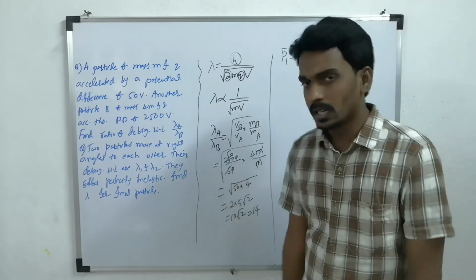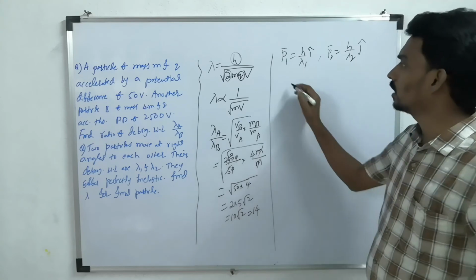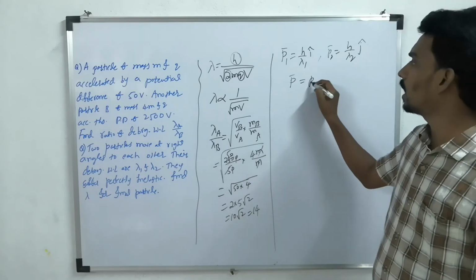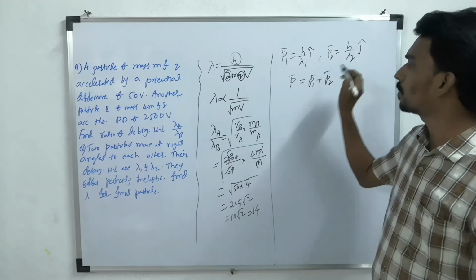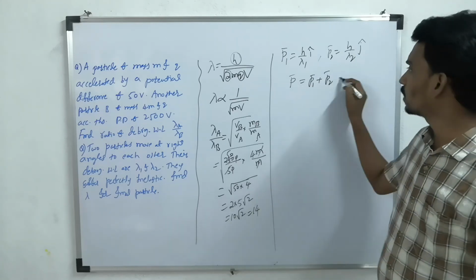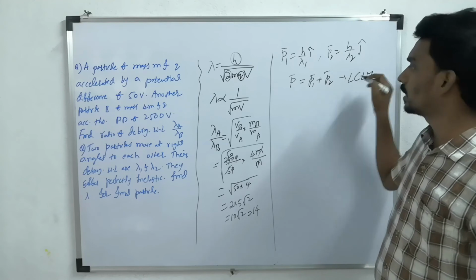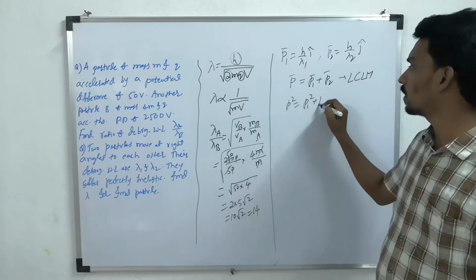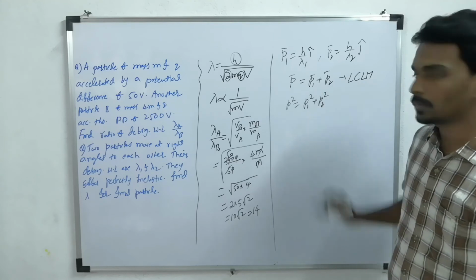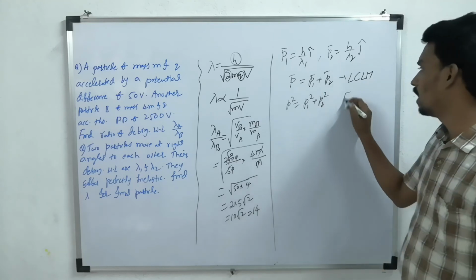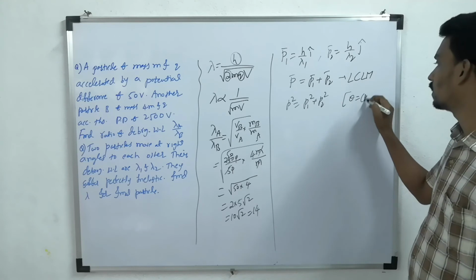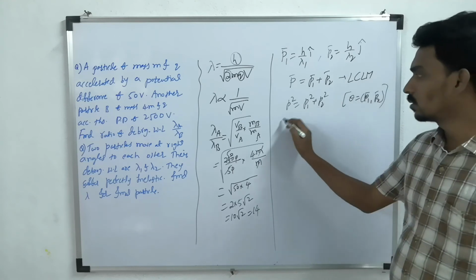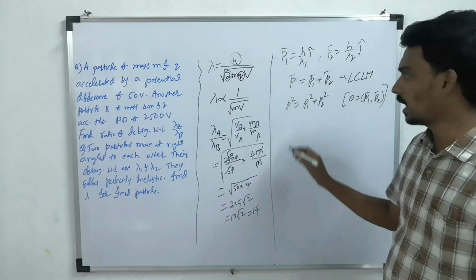Then the resultant means they combine now. The resultant linear momentum P bar must equal P1 bar plus P2 bar according to the law of conservation of linear momentum. Then P square should equal P1 square plus P2 square, because the angle between P1 and P2 is 90 degrees. P is h by lambda.